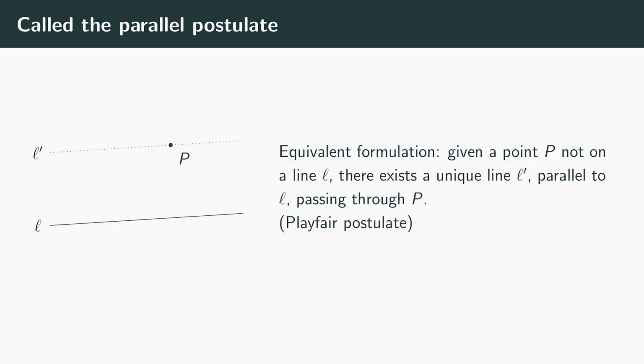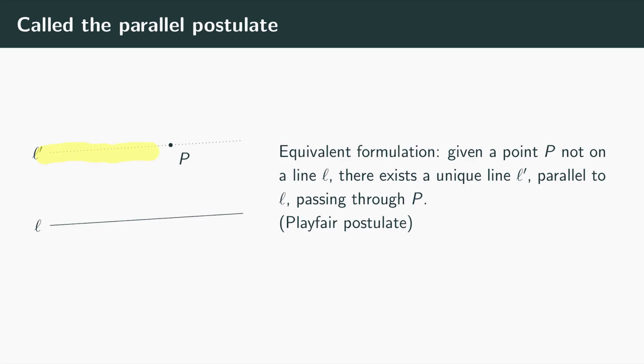This is often called the parallel postulate, from a work of a Scottish mathematician named Playfair. This turns out to be equivalent to a parallel postulate, which says, given a point P not on the line L, there exists a unique line L prime parallel to L passing through P. So in my picture here, I have my line L. I have my point P. The point P is not on the line L. And there exists a unique line L prime, which I have here in dots.